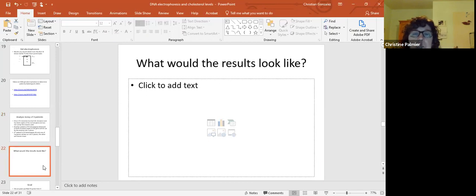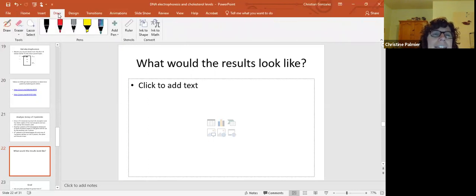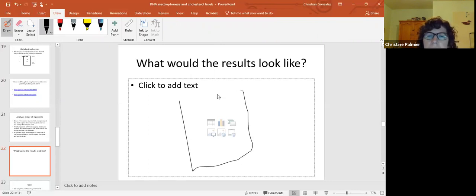What would these gel results look like? Okay, so if we were to draw this, here's our rectangle, it's a little crooked. Okay, so we can have the one individual whose DNA is not cut here.